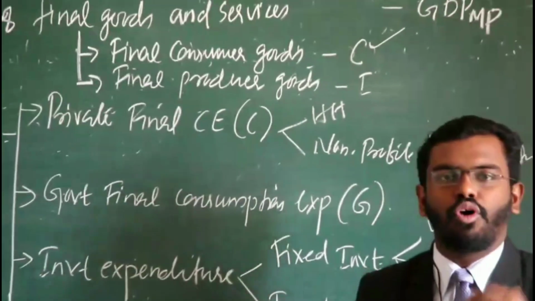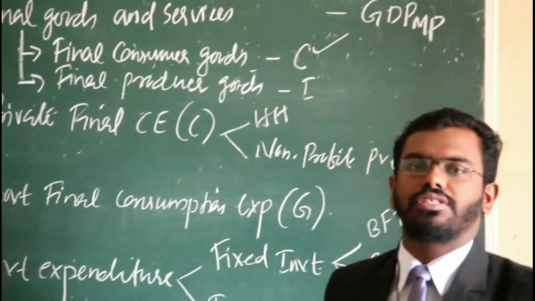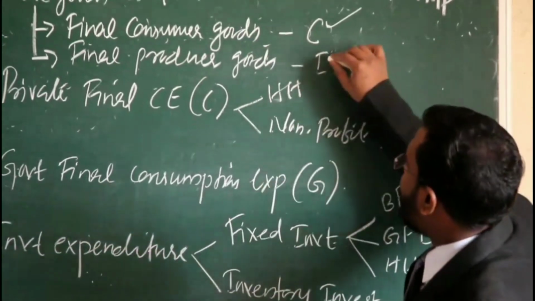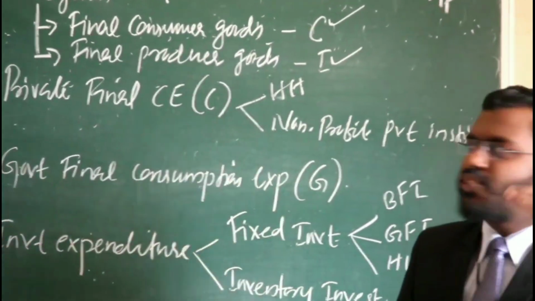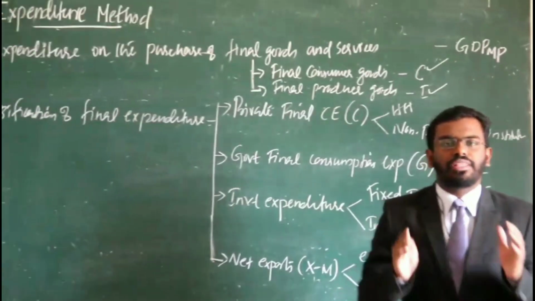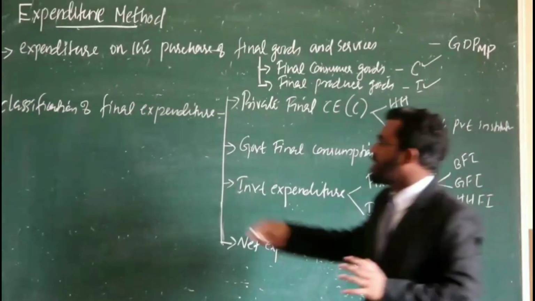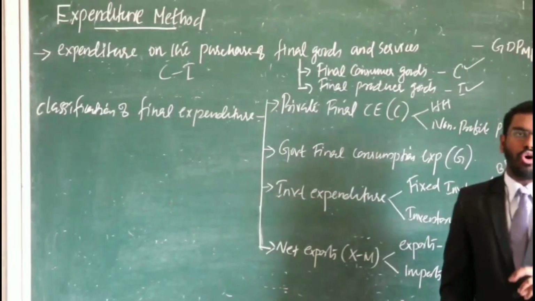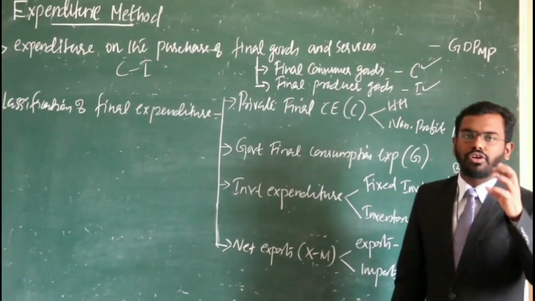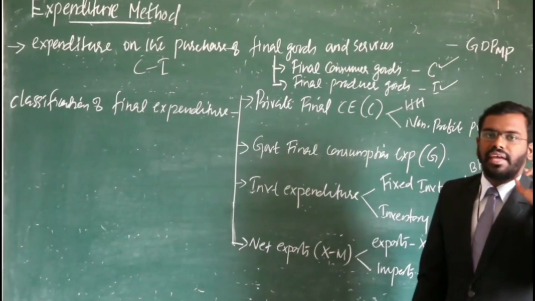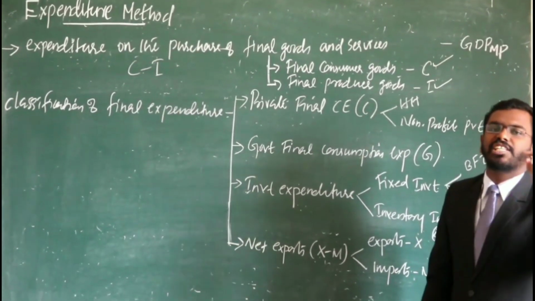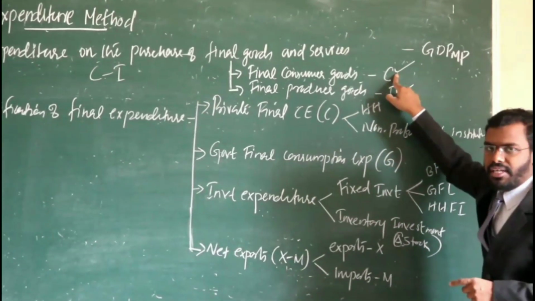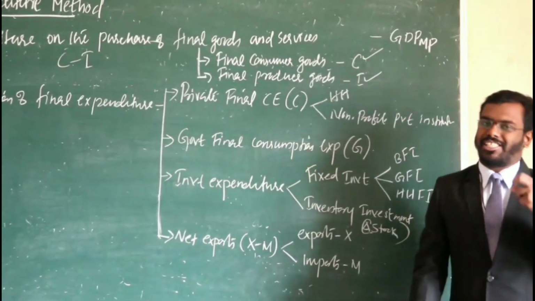And the expenditure made by a producer on a final producer good is known as investment. That's why this expenditure method is also known as the consumption investment approach, because the two important expenditures on final goods are consumption expenditure and investment expenditure.